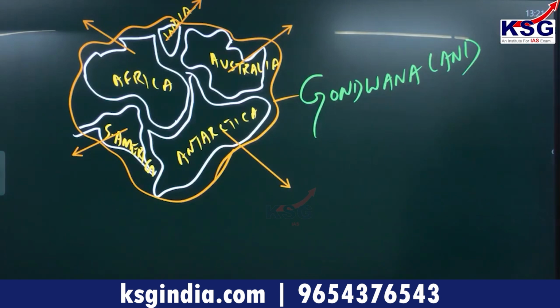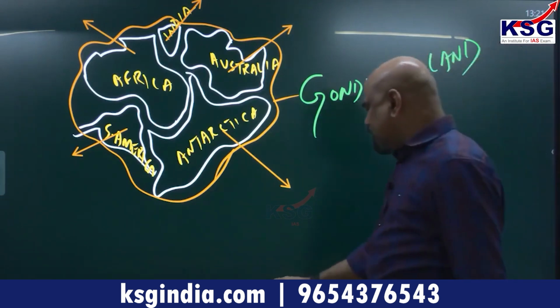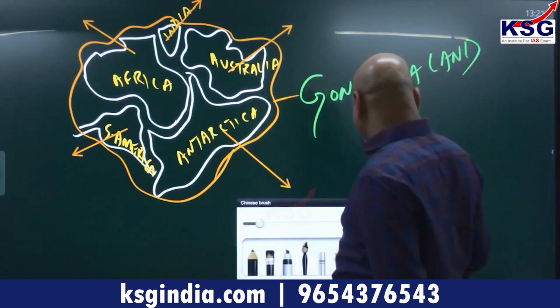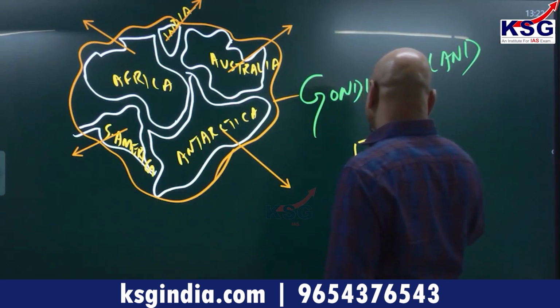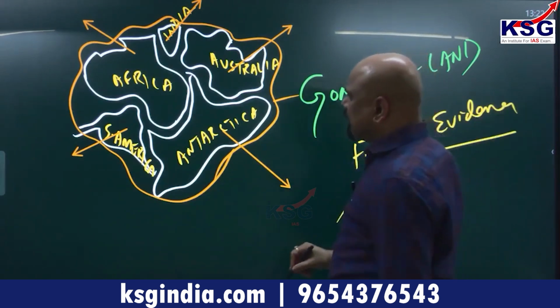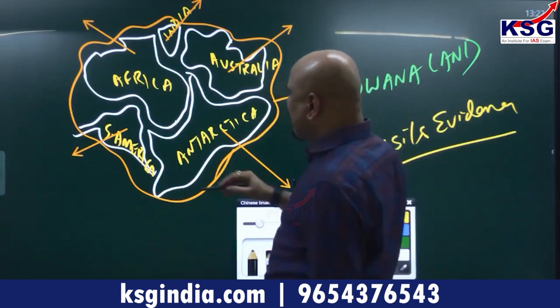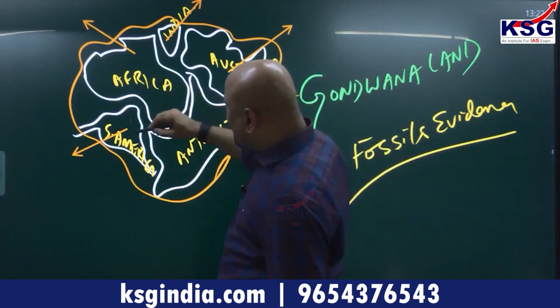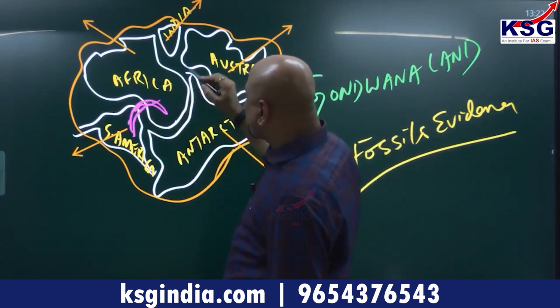This is their theory. Later on, another theory came out. He gave fossil evidences. He said the same type of fossils which you will find in India, you will get in these regions as well.